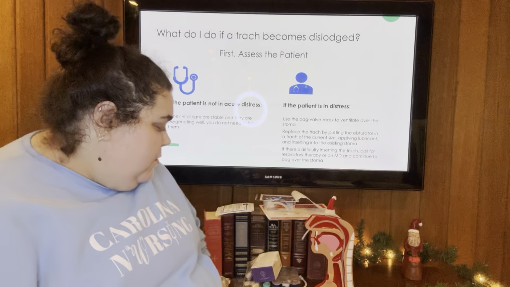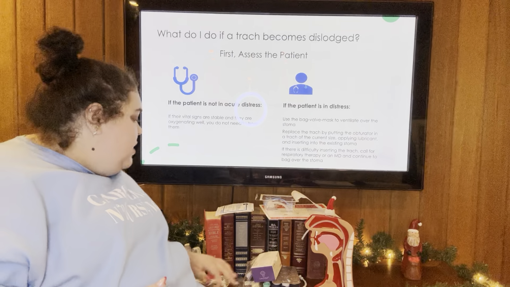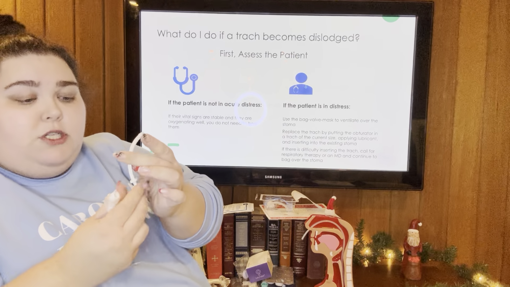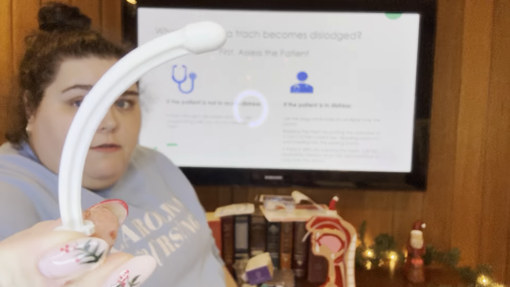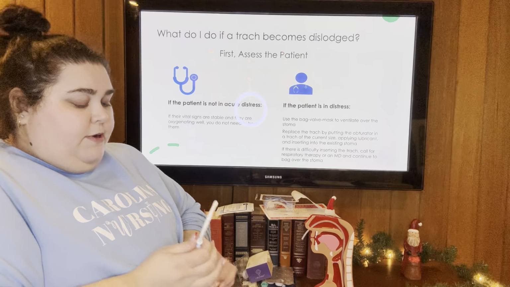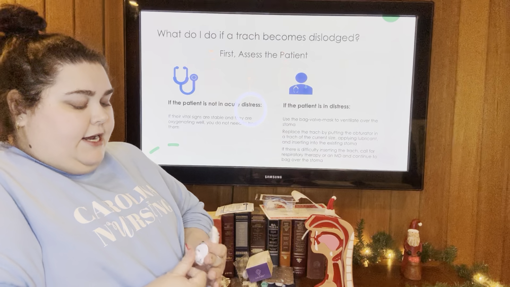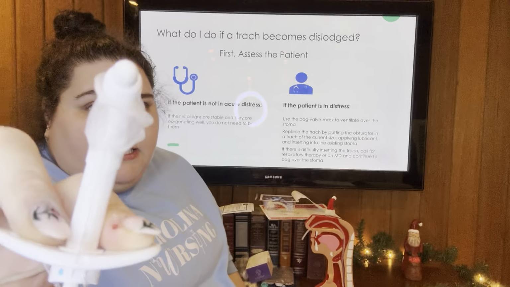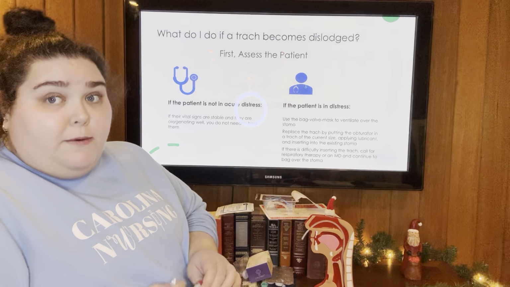So we don't really want that jabbing in the airways. So the trachs come with this, which is called an obturator, you can see. And so it has a nice dull end. So when we slide it in the trach like an inner cannula, it causes this nice dull end to the trach instead of such a sharp end.